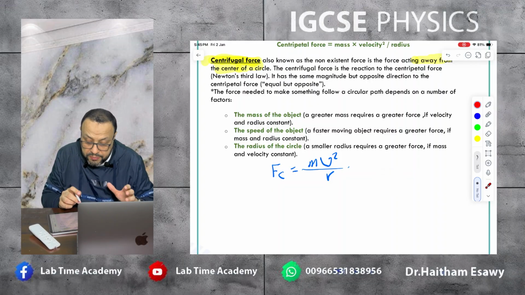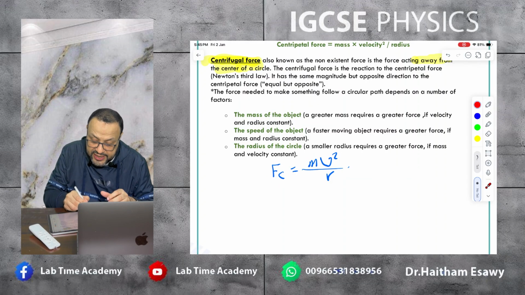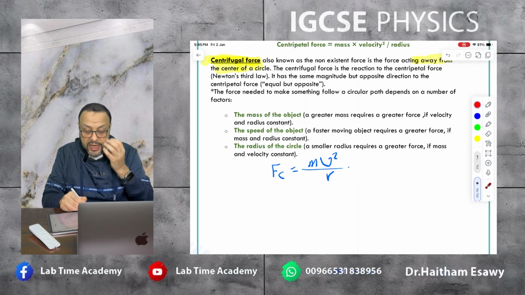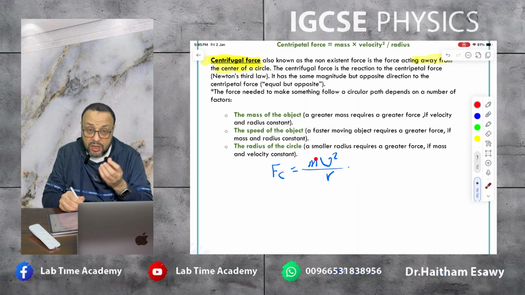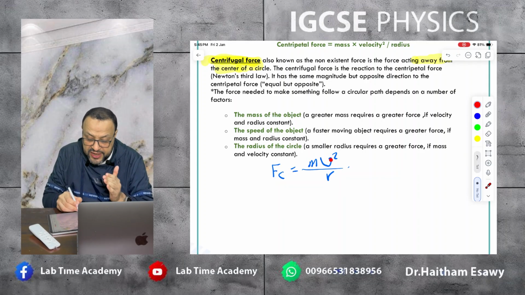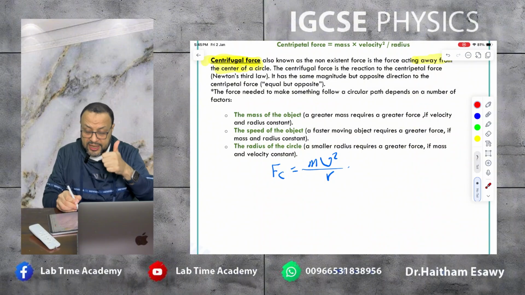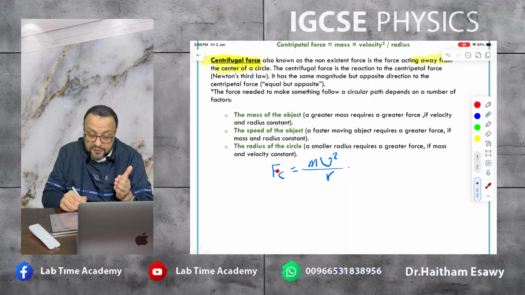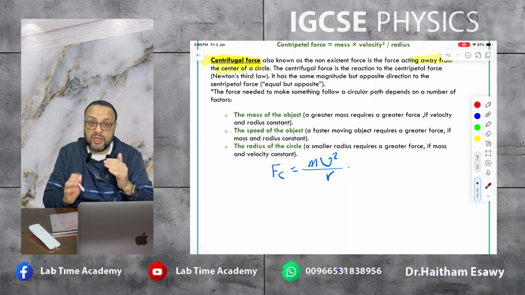Here, I want to mention the relation between Fc and M. To find the relation between two quantities, as you know, you have to keep the rest constant. So V and R must be constant. The velocity and radius must be constant. This means that force and mass are directly proportional.